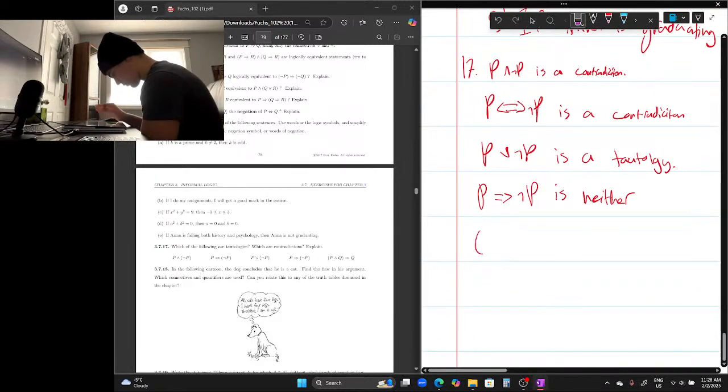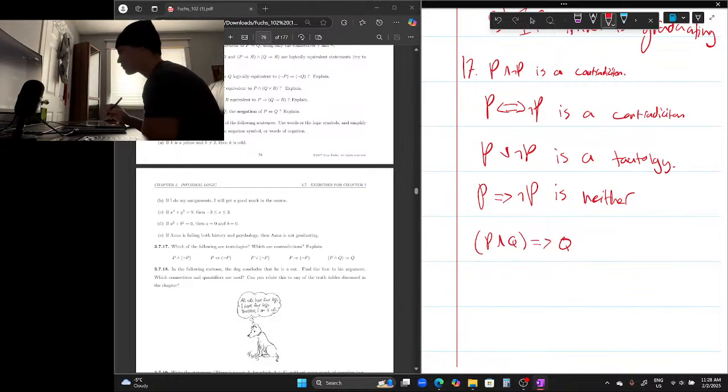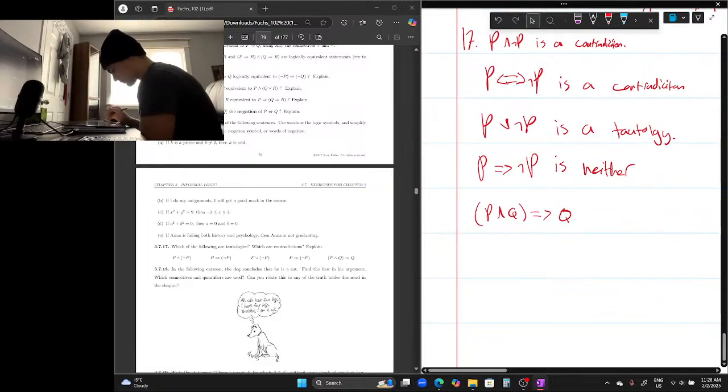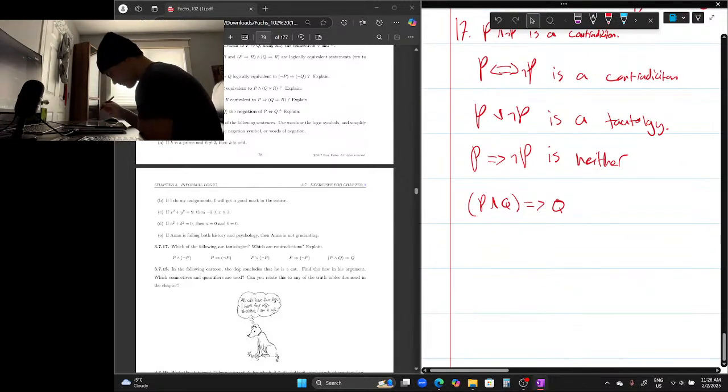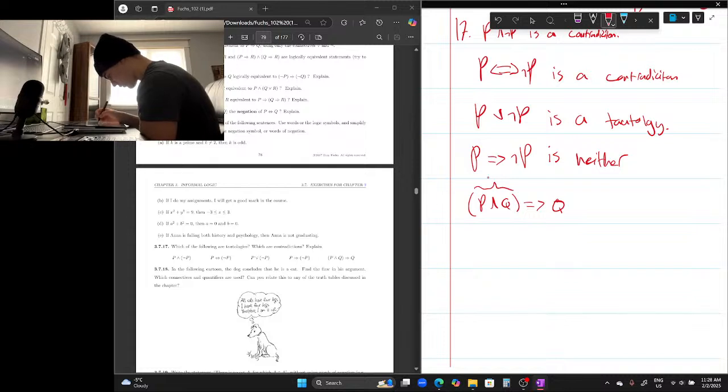P and Q imply Q. Okay, so again, this is false, so let's just disregard the value of P because at the end of the day, it kind of doesn't matter. So if we just say false, then this thing here is false. So this whole statement is true, if that's the case.